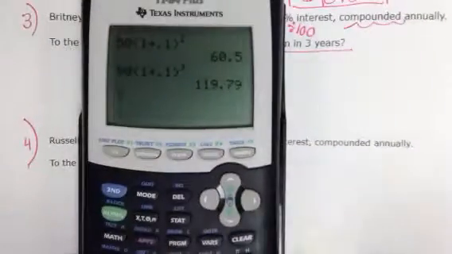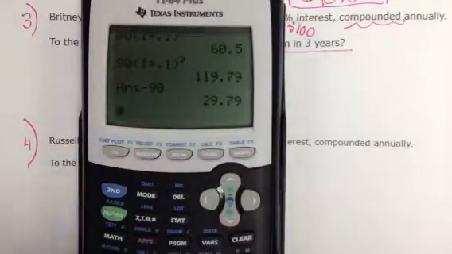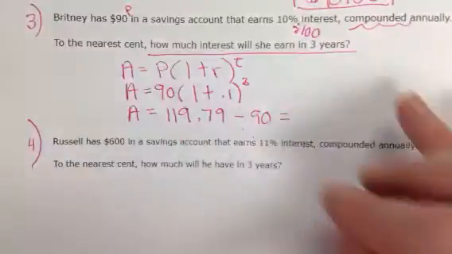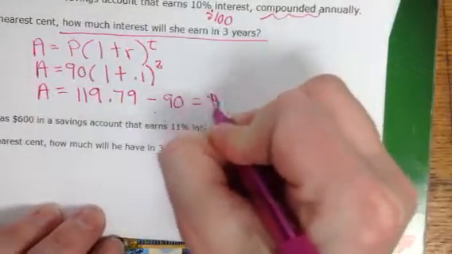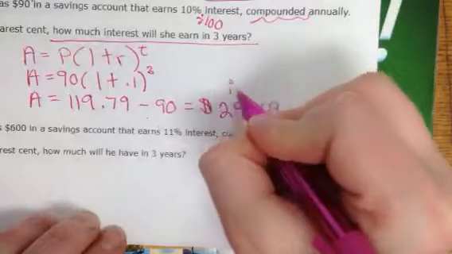So since that was the last thing I did, I can just hit minus 90. It will grab that last answer for me. $29.79 was the interest.